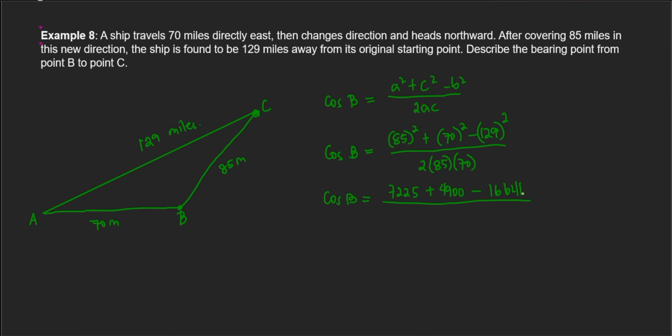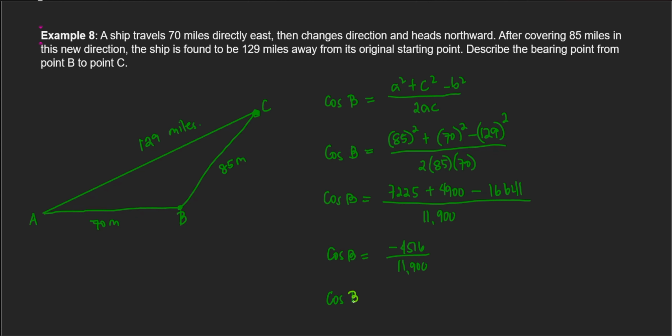So 2 times 85 times 70. So yung result is 11,900. So cos B, so calculate lang sa taas, 7,225 plus 4,900 minus 16,641. So we have negative 4,516 divided by 11,900.